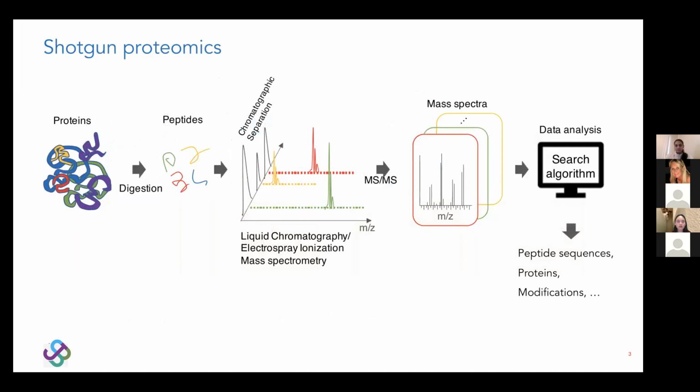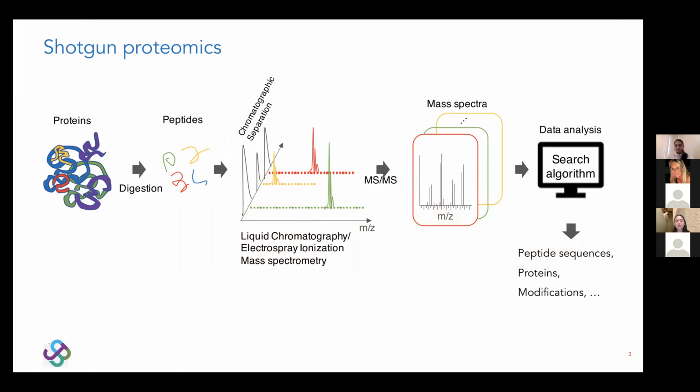So here is a workflow of a typical shotgun proteomics. We first extract proteins from samples, and then these proteins are digested, separated and measured by tandem mass spectrometry.